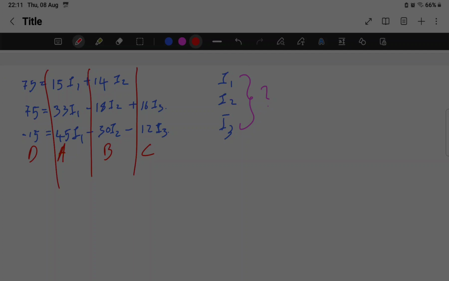Second one is 75 equals, 30, going back, equals. This one is 75, this is 33.